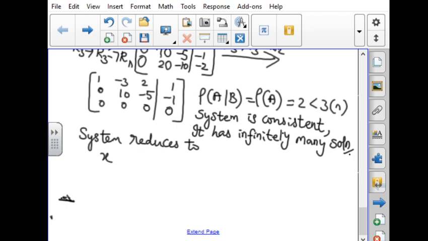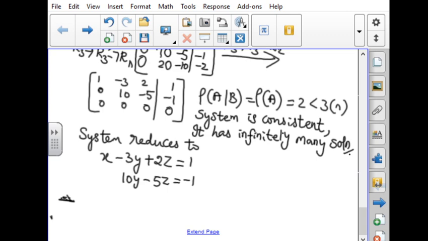So x minus 3y plus 2z is equal to 1. The next equation is 10y minus 5z is equal to minus 1. So we have two equations with three unknowns. So how can we solve two equations with three unknowns?